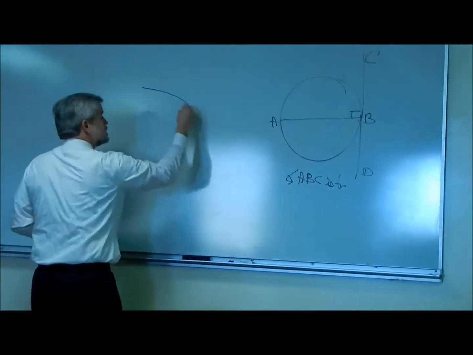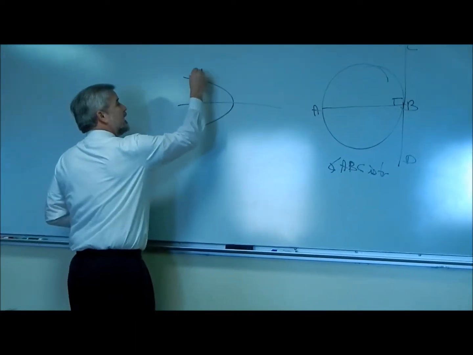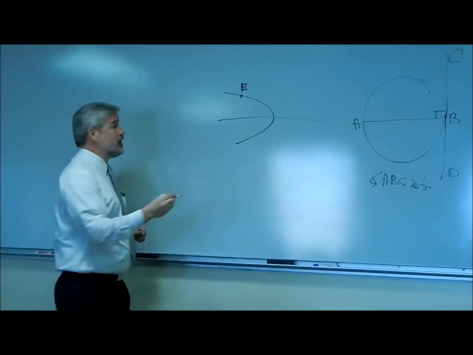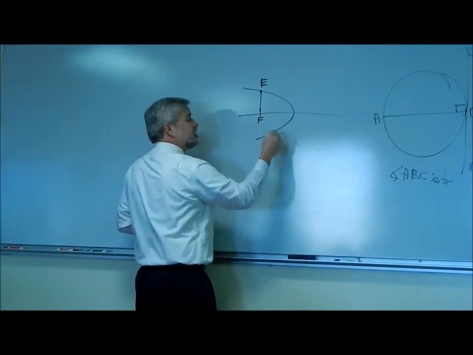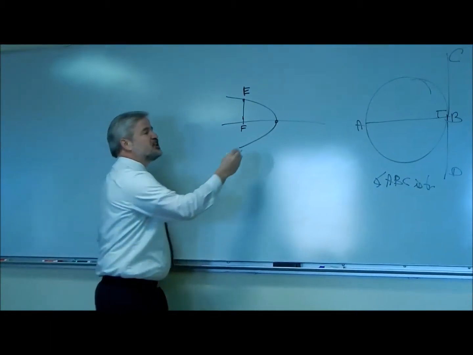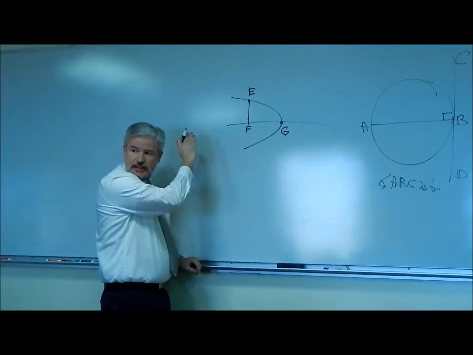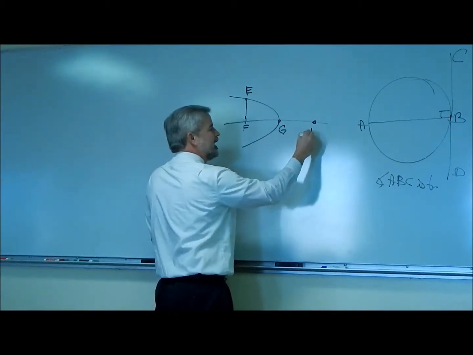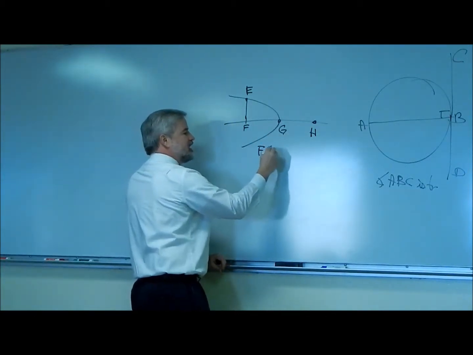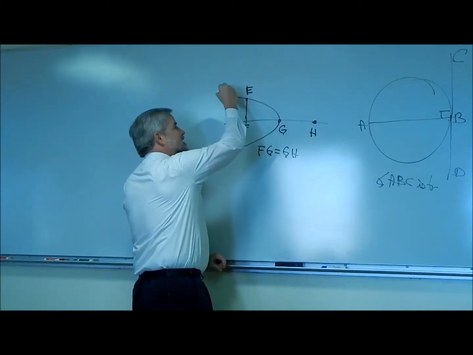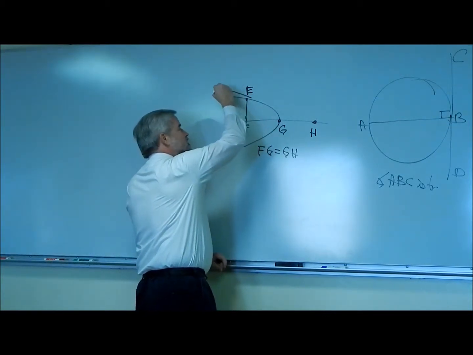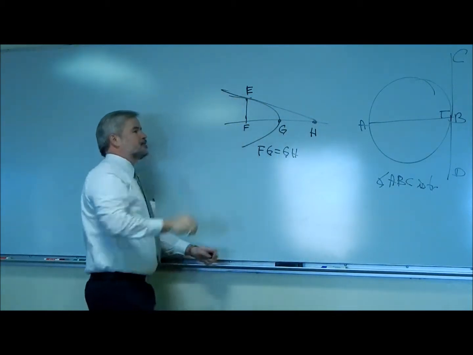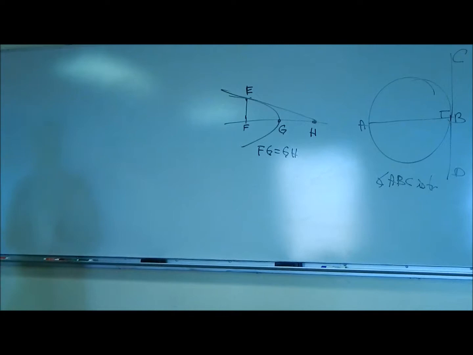Then with Apollonius, you prove that if I take a point on the parabola, E, we drop ordinate EF, determining abscissa FG. And if I produce the diameter a length equal to the abscissa, to H, so if FG is equal to GH, what did Apollonius prove about EF?